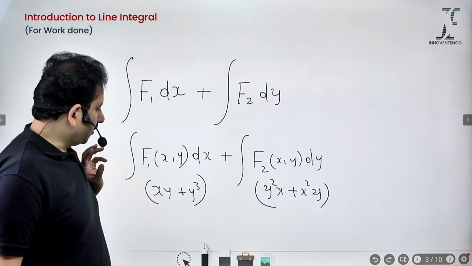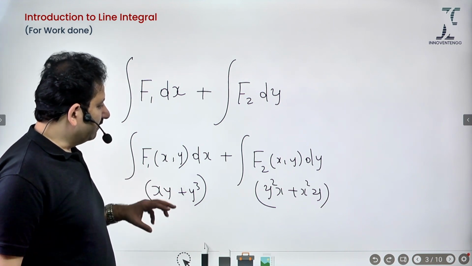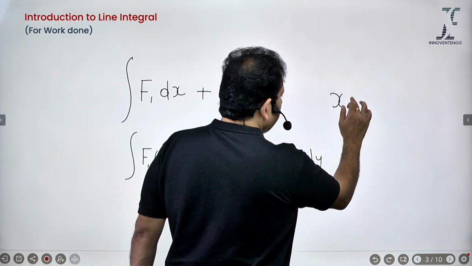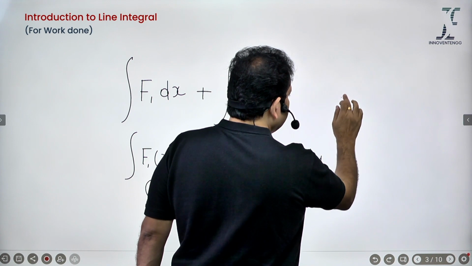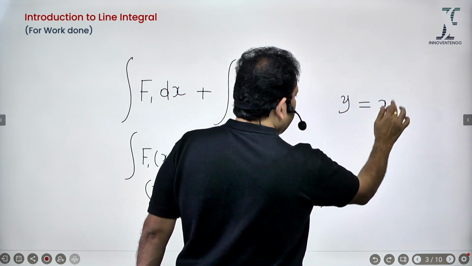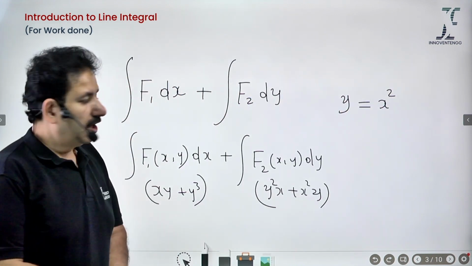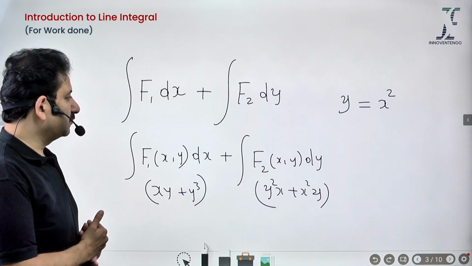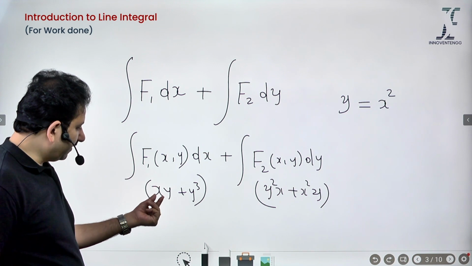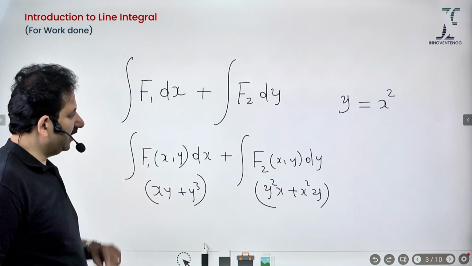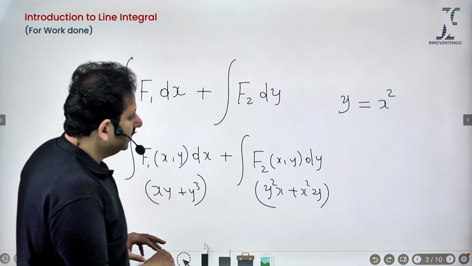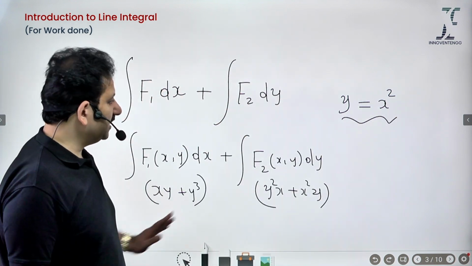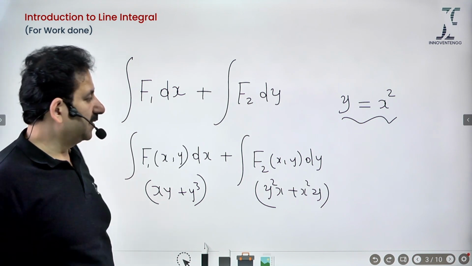Now here you are going to utilize the definition of the curve. Suppose you say y is equal to x square is the definition of the parabola along which I am displacing. Now my job becomes easy, because my force is defined in terms of x and y. At every x and y it is changing, but it is changing in such a way that y becomes equal to x square, because your displacement is along that particular curve.